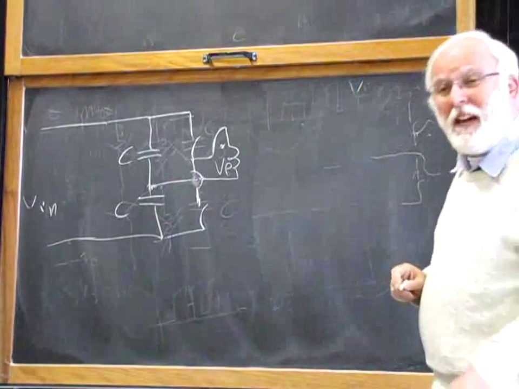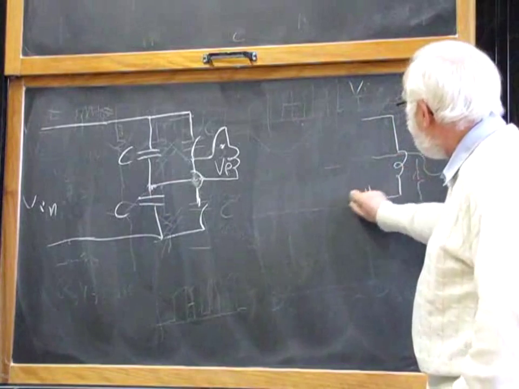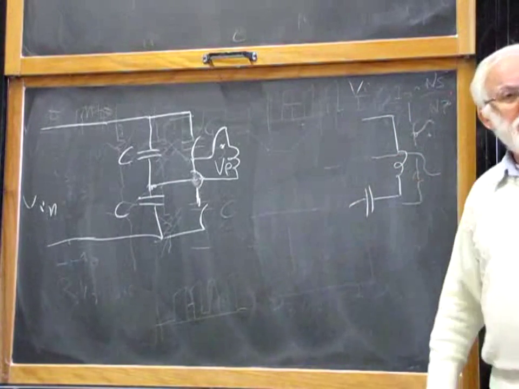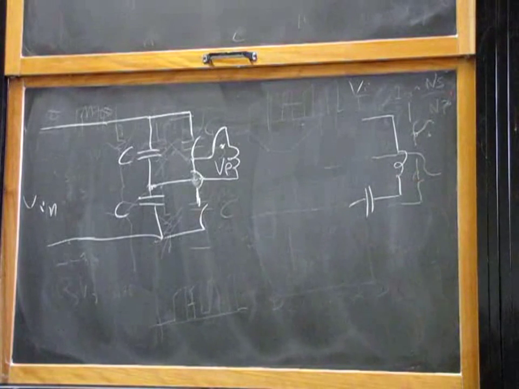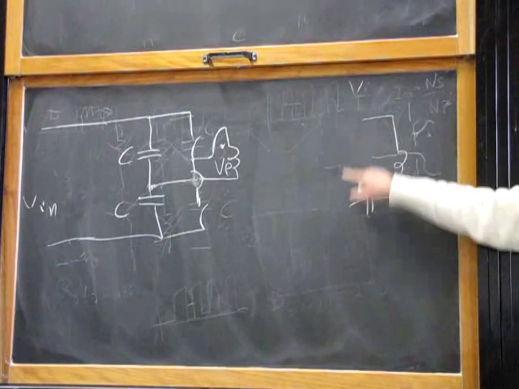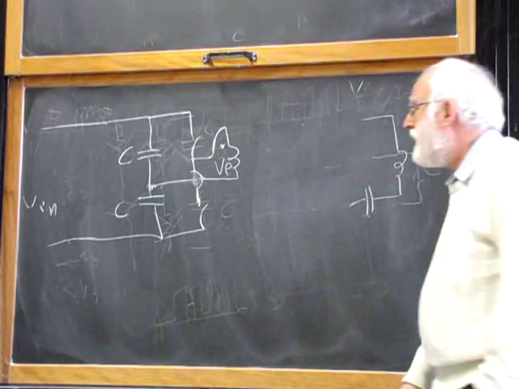You didn't complain about it when I told you, in a full bridge, let's put the capacitor in series with the input, the primary winding. This capacitor will absorb any imbalance that we have over here. It's exactly the same story.